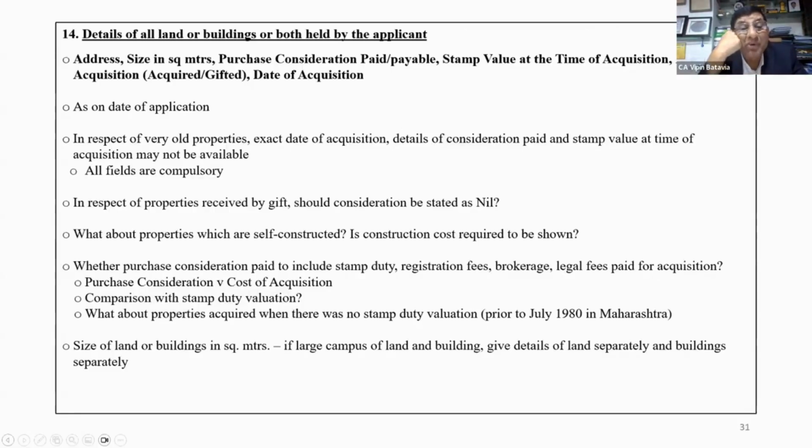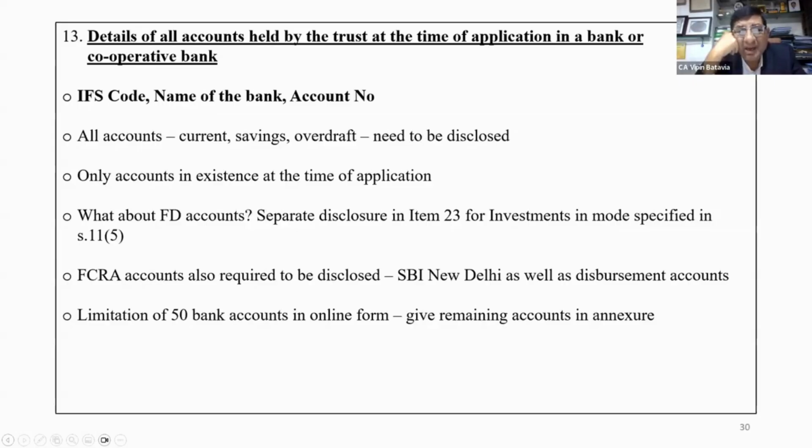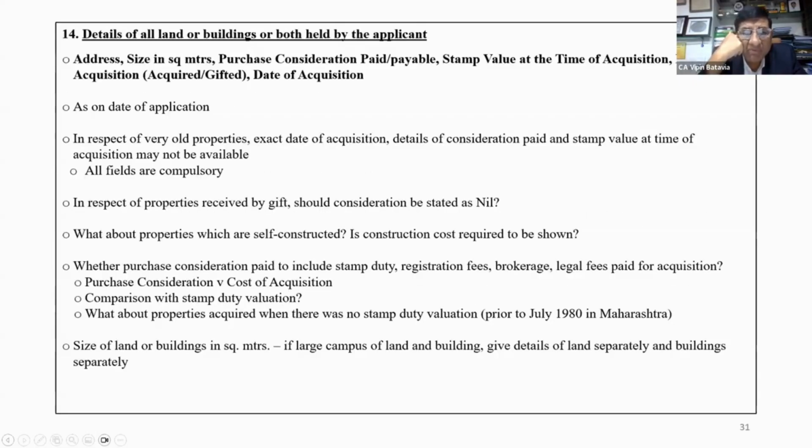It means there are trusts having more than 50 accounts. All over India, there are many trusts having many accounts. This is the most complicated and very difficult clause. Next, 11(4): they are asking for details of all land or buildings or both. That is slide number 31. I think this has also become the most time-consuming, and things are asked which seem to be immaterial.